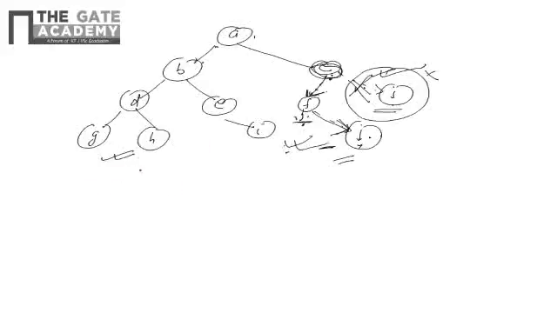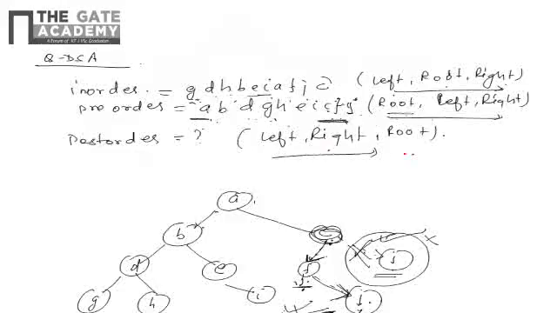So what will be the post-order then? Post-order will be left, right, and root. Left is G H, then root D. Again left is there, this is the root part, fine.